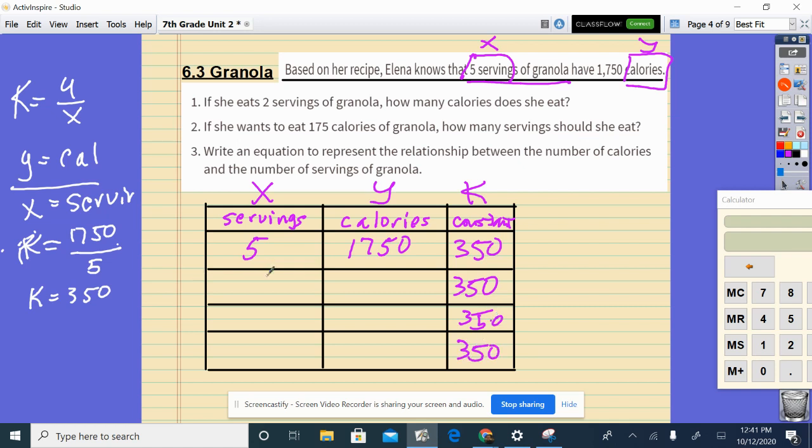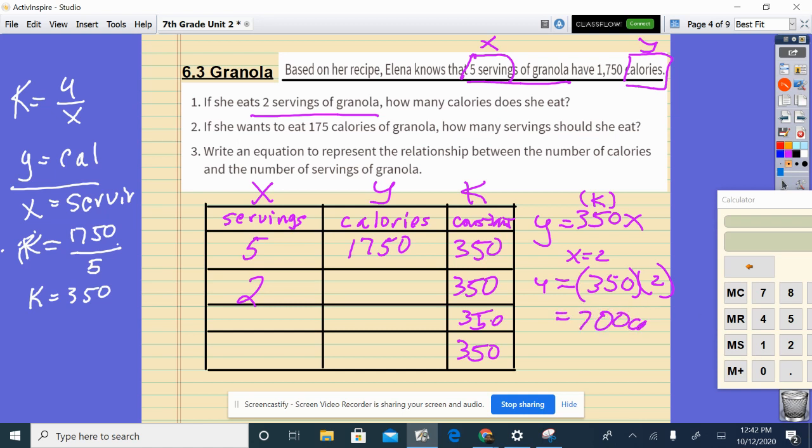Then they ask, if she eats 2 servings, how many calories does she eat? Well, my equation is now Y equals 350, the K, times X. So if X equals 2, that gives me Y equals 350 times 2, which is 700 calories.